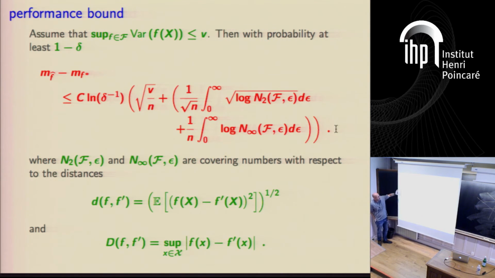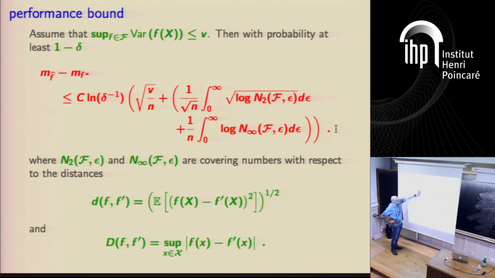In that case we could get a result that doesn't require any other condition. All we need is that these variances are finite. Then what we get is a bound that has three terms. First of all, it has this sub-exponential term. We don't have the square root here, but that's because we didn't want to complicate our lives, and we chose alpha, the parameter of Catoni's estimator, independently of delta. This is the price that we pay for that.